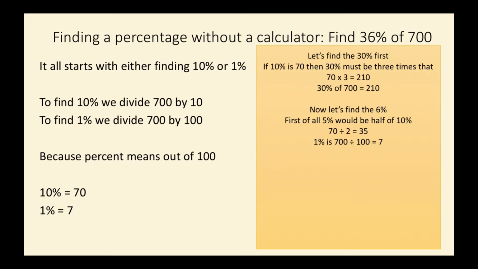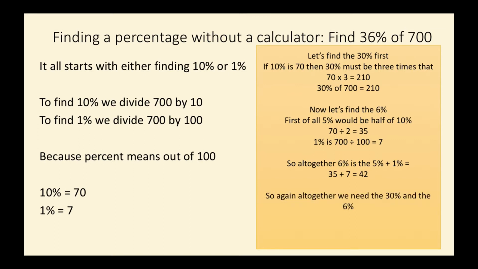We just need the 1% now, and we know that 1% is the 700 divided by 100, which gives us 7. So altogether, 6% is 5 plus 1%, which is 35 plus 7, which is 42. So again, altogether, we need the 30 and the 6%. So 30% is 210, 6% is 42, altogether that's 252.